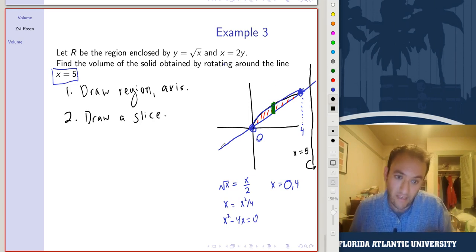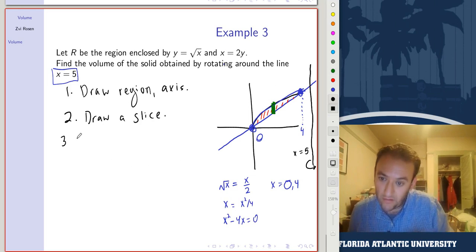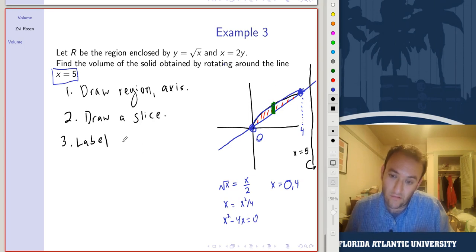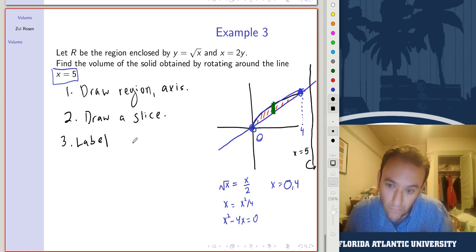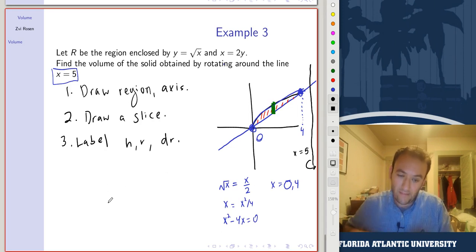Now we want to label h, r, and dr. Okay, and this is where it gets a tiny bit tricky.